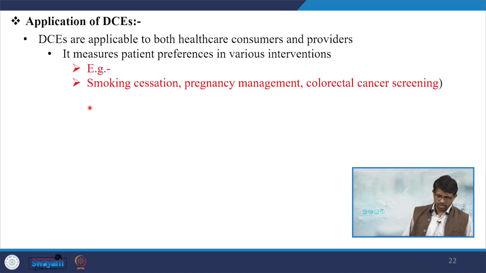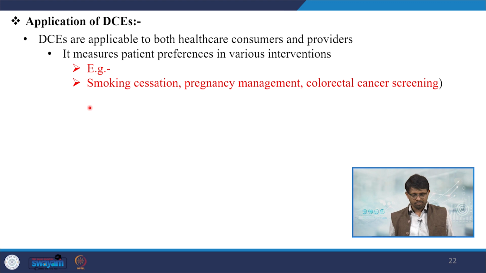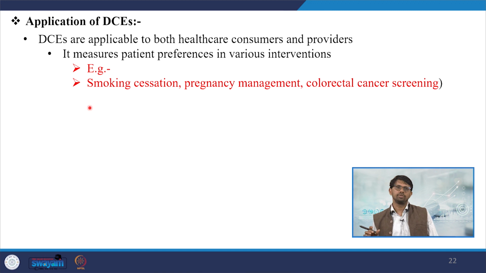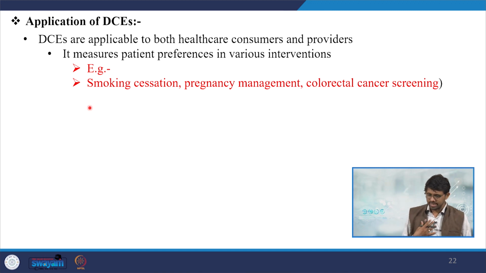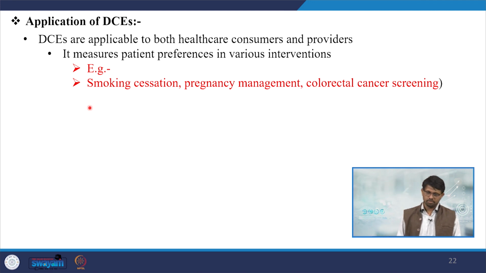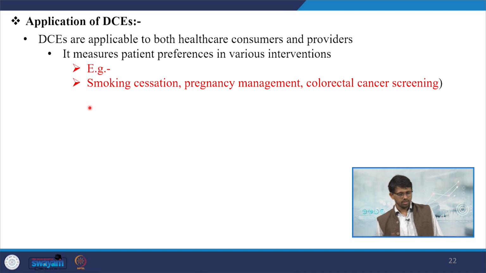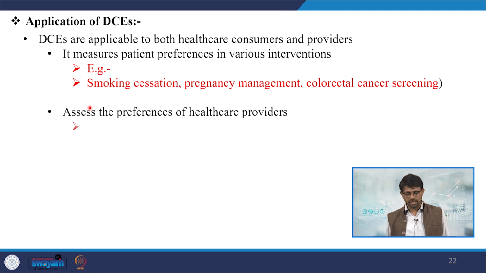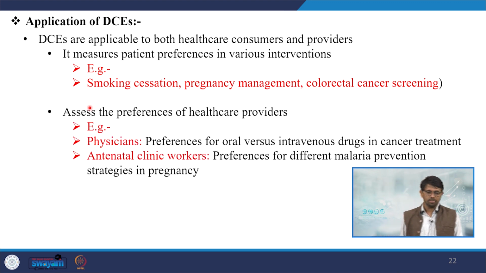Applications of DC are presented here in detail. We are discussing them in 2 contexts. One is the context of the consumer or the patient, another is the healthcare provider or doctors, the supply side perspective. It measures patient preferences in various interventions, in contexts such as smoking cessation, pregnancy management, colorectal cancer screening, etc., as part of the consumer's perspective.